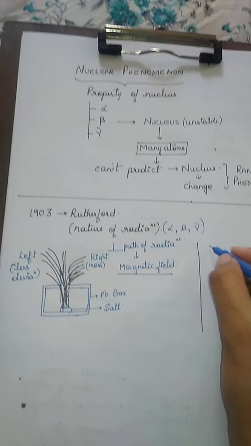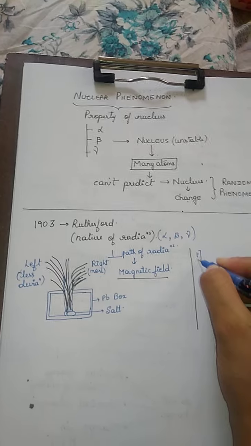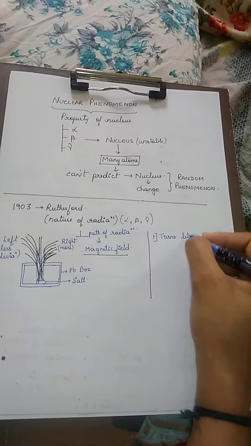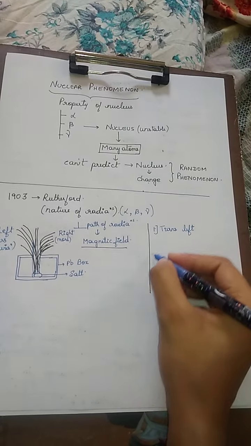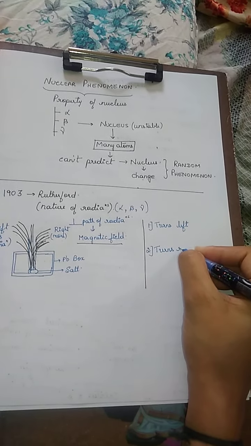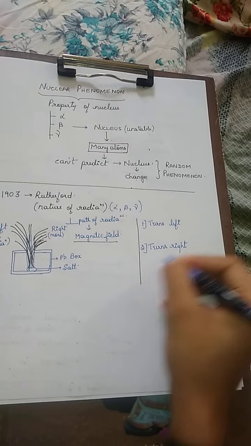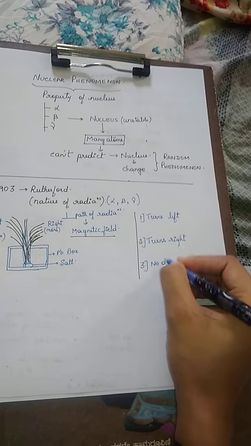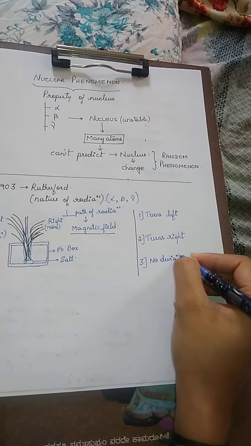So the first one here is the one that turns left. The other one is turning to the right, and for the third one, there is no change or no deviation.